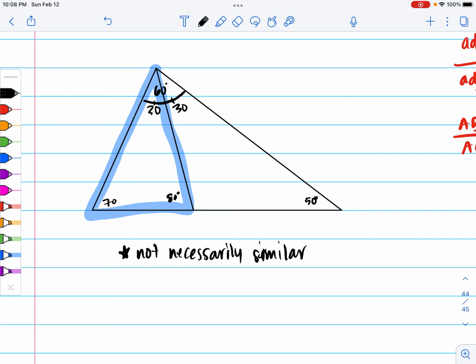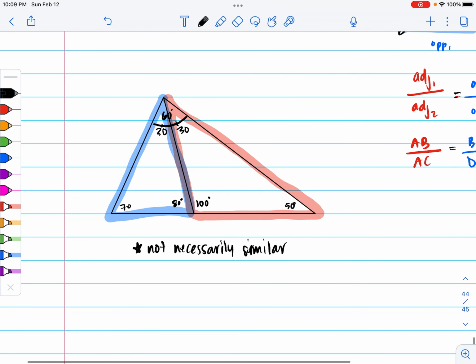And then that means this last angle has to be 80 degrees, okay? This triangle to the right is a 30, 50, 100 degree triangle. And that should make sense because we have a linear pair here. But notice that the blue triangle and the red triangle are not similar because they do not have all of the same angle measures.